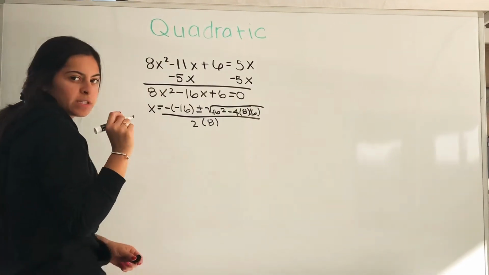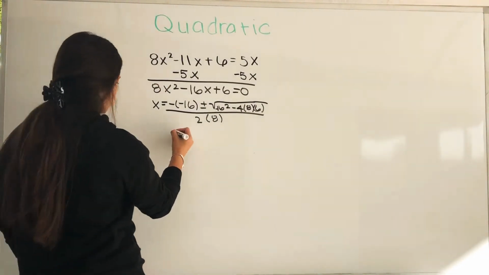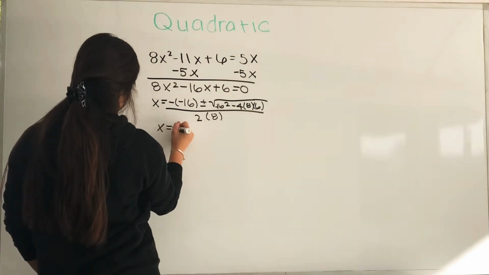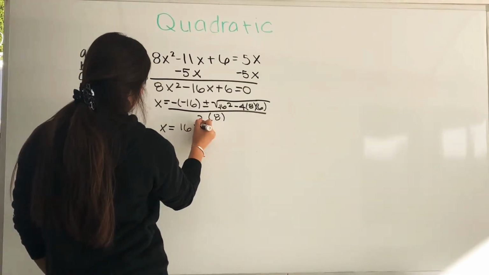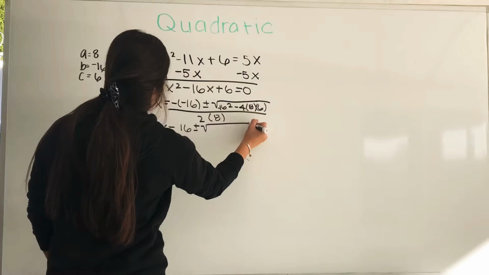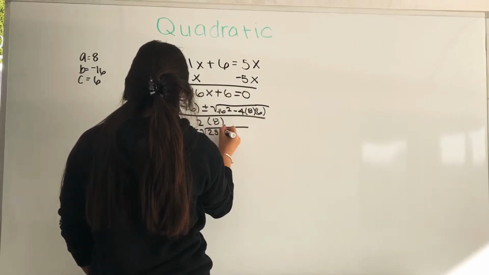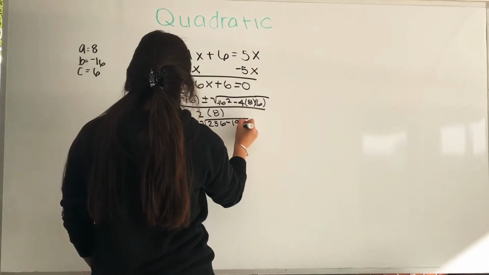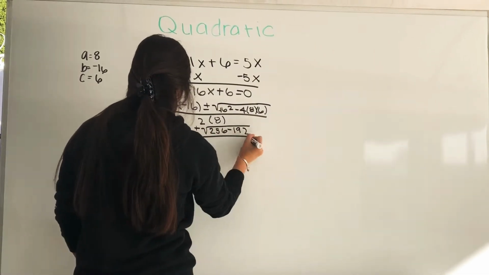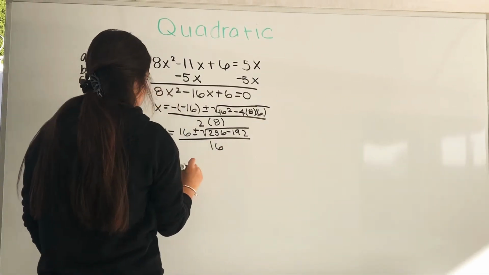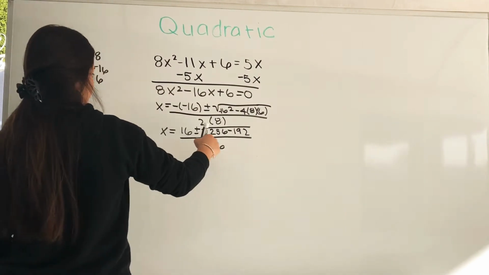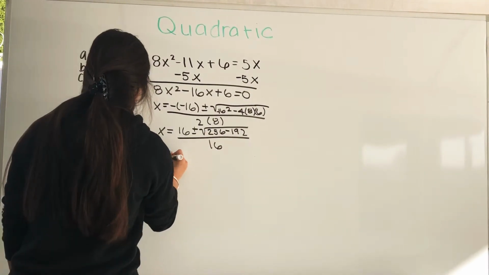Now that everything is plugged in, I'm going to simplify the top of the fraction. Now I'm going to subtract everything inside the square root.